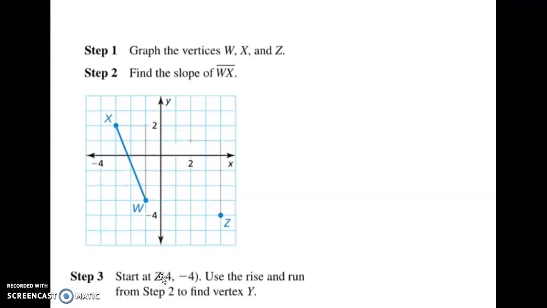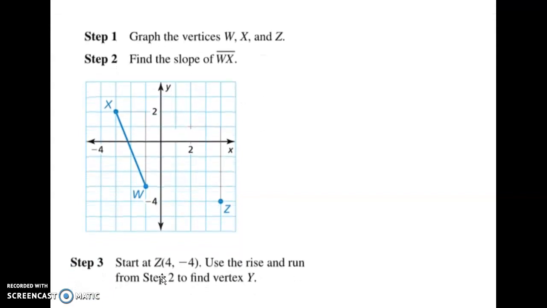First, I will graph the vertices W, X, and Z. I graphed it on this graph paper, and you can see when I joined WX, I can join W and Z as well. Right?